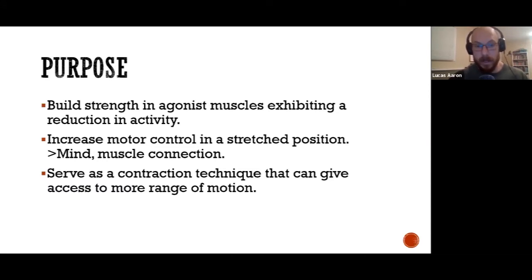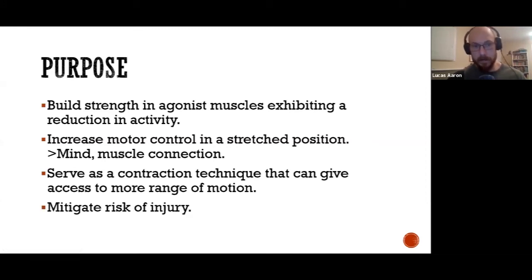One of the other ways you can do this, instead of just relaxing deeper, is you can contract against the stretch, and then you can contract with the stretch and perform an agonist activation. So it serves the purpose of providing that extra component of contraction techniques in a stretch position.